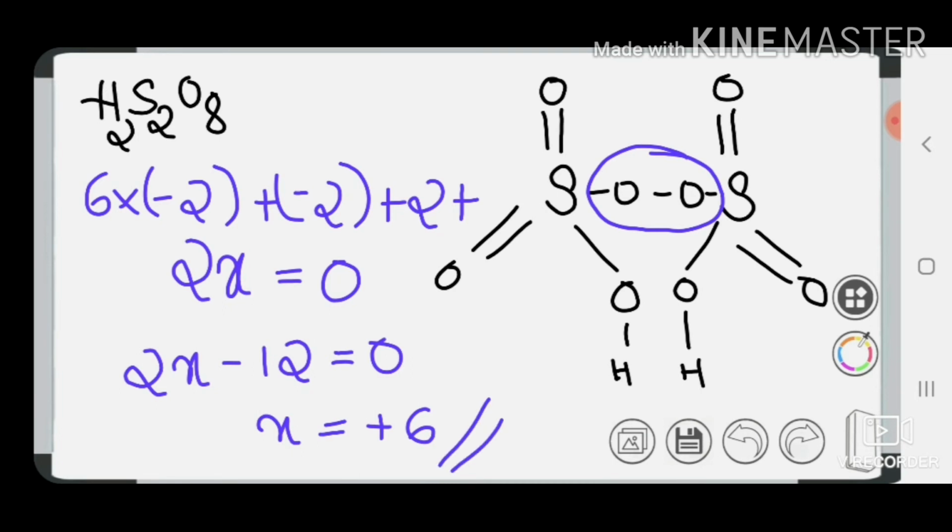That is, +6 is the oxidation state of sulfur in H2S2O8. Like that, you should do other oxoacids of sulfur, that is many other oxoacids other than H2SO4. So you should try to find out the oxidation state of the sulfur. It is very important.